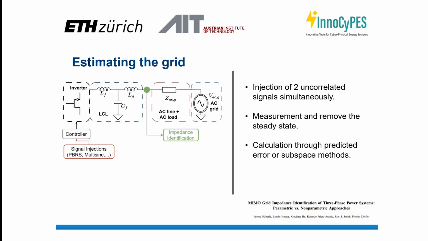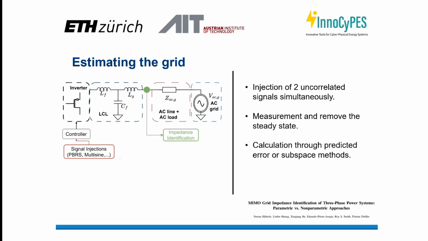There are several methods. I will explain one here, and it is the injection method, an active identification of the grid, where you inject some signals, usually a bit more than the noise present in the grid.